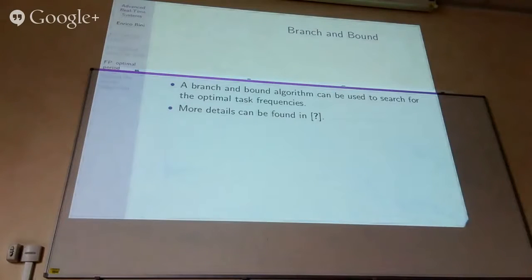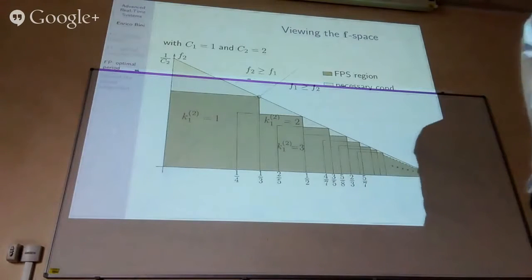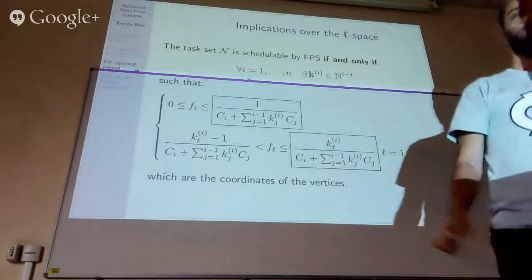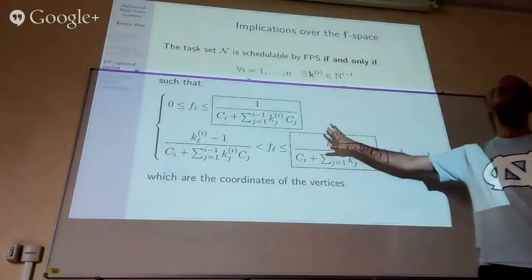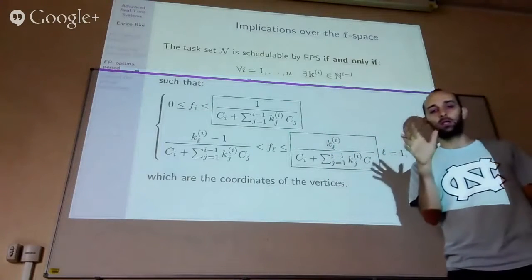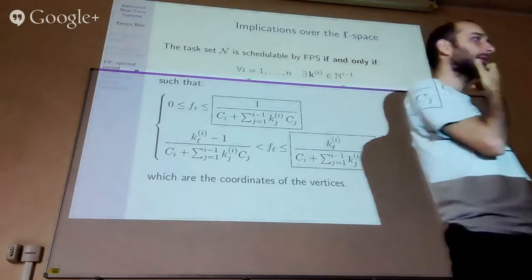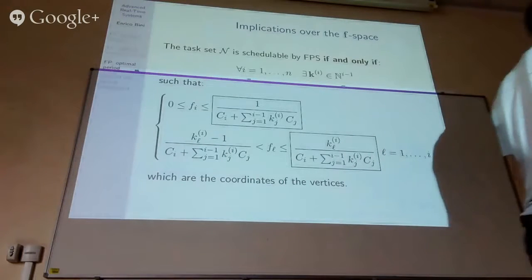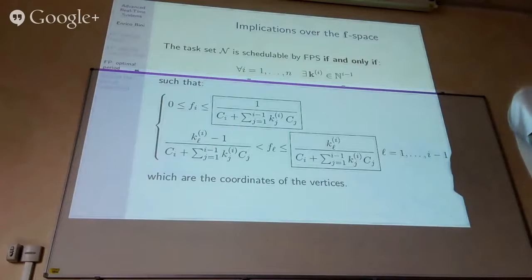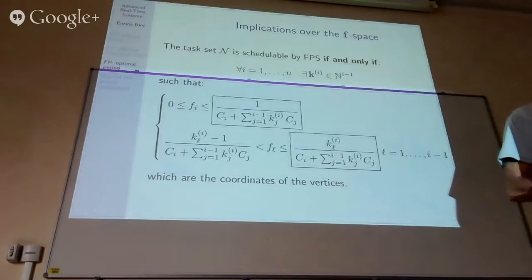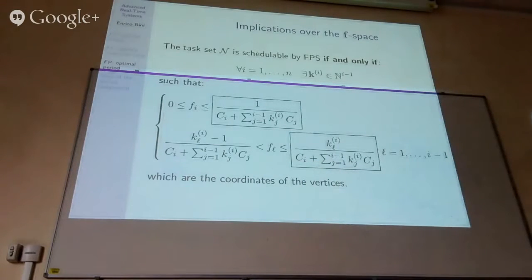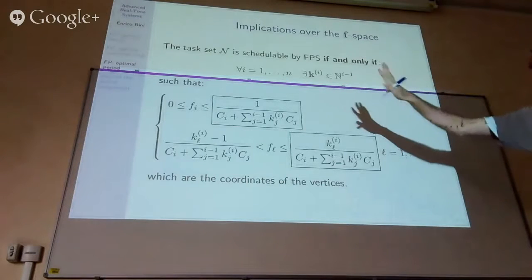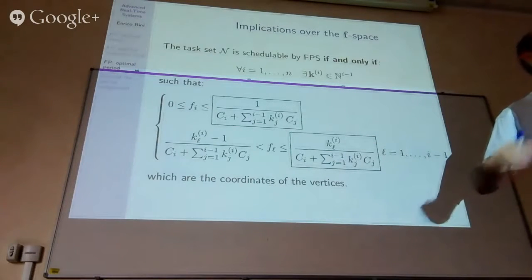Enrico, one more thing. In the previous slide, here the C is the cost, or C? No, the C is the computation time. Here it's only about the formulation of the schedulability region. Yeah, C is the computational time. For the moment, for this analysis, we forget about the performance function.